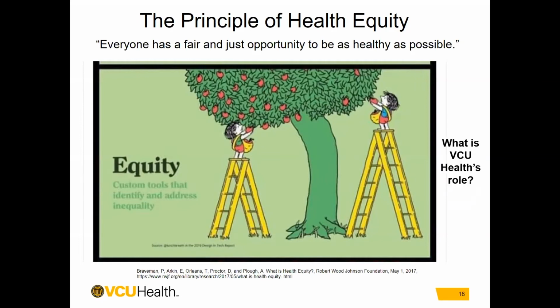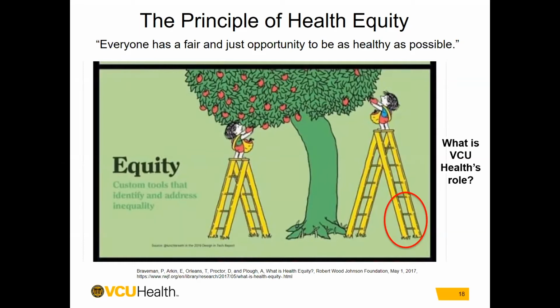What is it that VCU Health System can do to address the principle of health equity? And I would say we can focus on putting more rungs in the ladders for the populations that we serve so that there is equal access to the services.